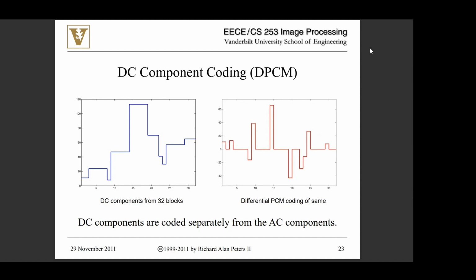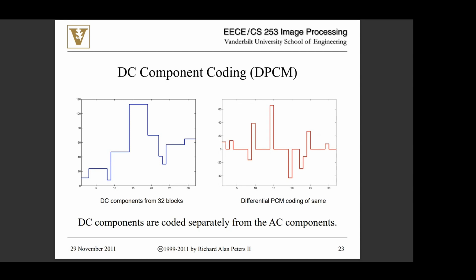But now, because the differences tend to be small, most of them will be around 0. So instead of sending the DC components, you will send the first DC component and the differences between second and first, third and second, fourth and third, and so on. This is called differential PCM. PCM is a way of encoding digital signals. The idea is that you compute the difference with the previous one.